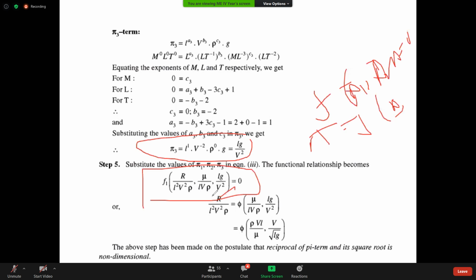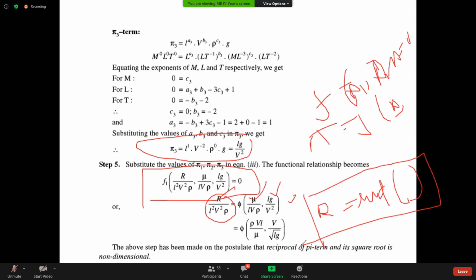So R by L square V square rho is equal to phi of mu L V rho. This is phi 2 and this one is phi 3. So I need to find out R, let us say. Keep that R this side, and L square V square rho square into it is a function of the remaining parameters. That is the derivation of this particular resistance with respect to other variables.